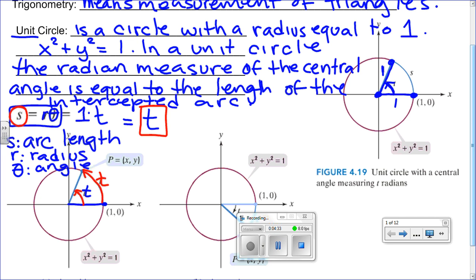Similar triangles have the same angles. And what about their sides? They're not the same. The corresponding sides are proportional. Yes. So if we take the ratios of corresponding sides, they're going to be proportional.